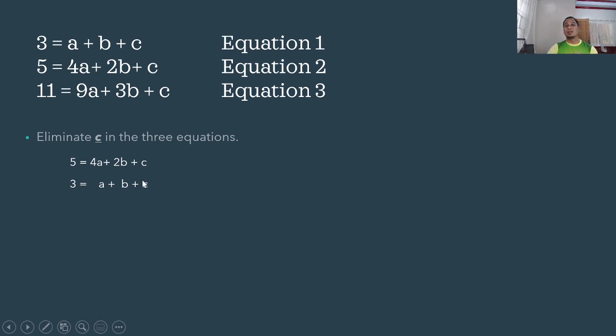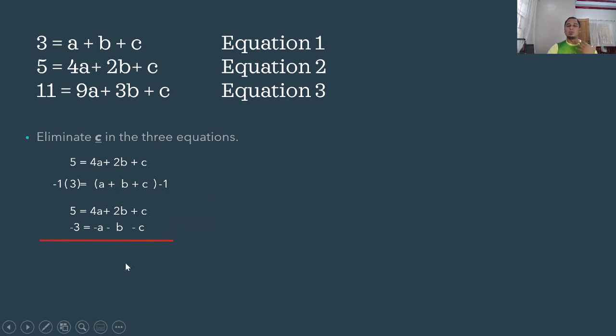We need to cancel or eliminate c, so one of them must be negative. So we will group our one and multiply it by negative 1. The first one, we will simply copy down. And the second one, since it's just negative 1, all we have to do is change all the signs here, which will give us negative 3, negative a, negative b, negative c.